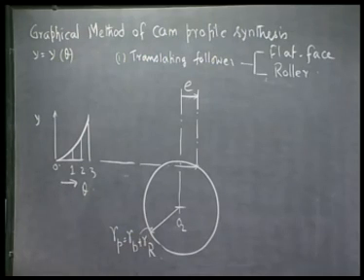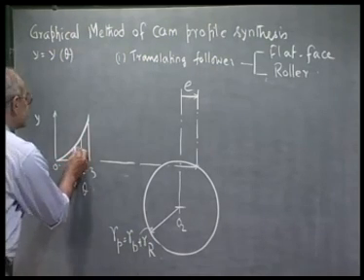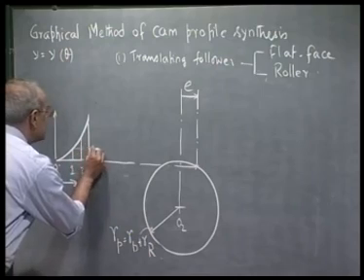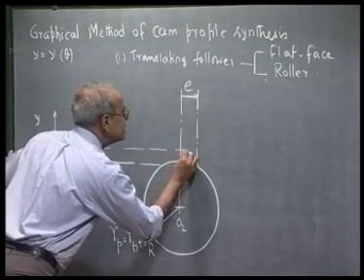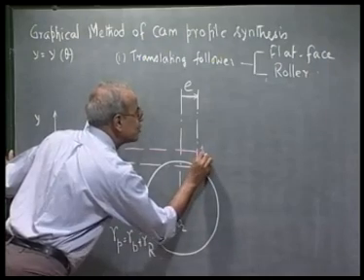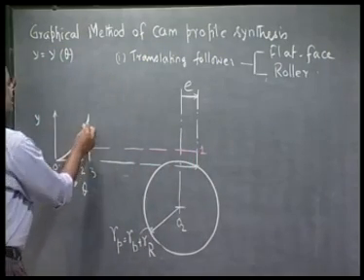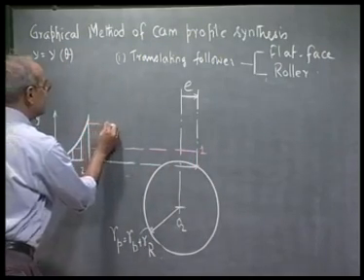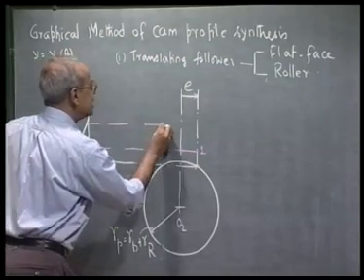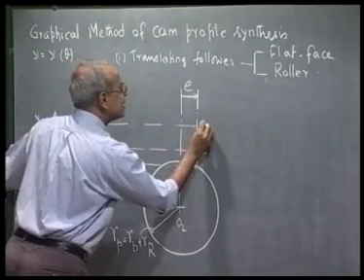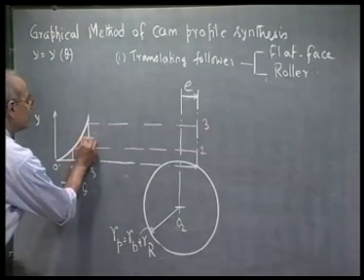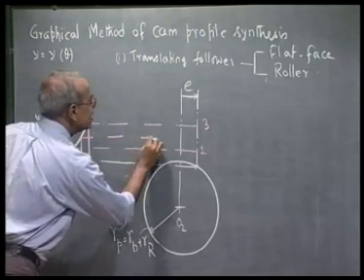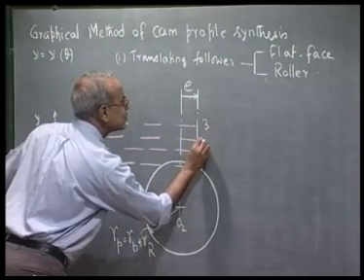So now I know that corresponding to station point 1, the trace point should be here. Similarly, for station point 3, the trace point should be here, and for 2, the station point is here.